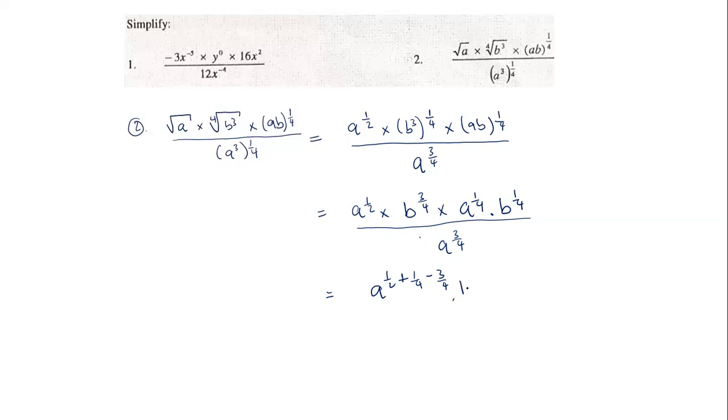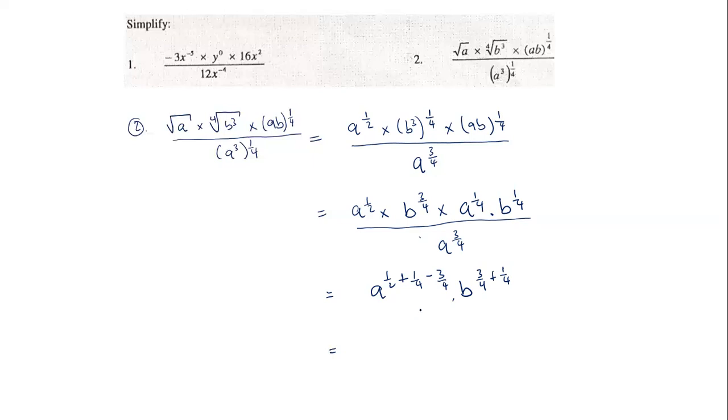I'm going to write my bases, which are b's. Let's move to b's. At the top, we are just multiplying. So that means I have b and b, and therefore the exponent for this b is going to be 3 over 4. And because I'm multiplying, I'm going to have to add my exponents, and that one is going to be 1 over 4.